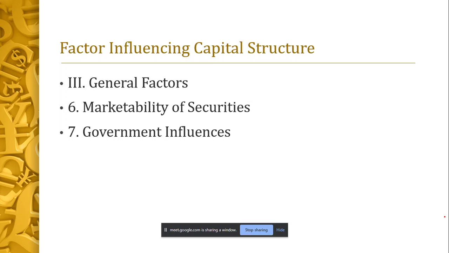This happens because when corporate income tax is more, it reduces the net earnings of the capital, and debt financing is encouraged because of income tax leverage. So I hope you know what this scenario is. When we speak about government influence, here we especially mean tax.